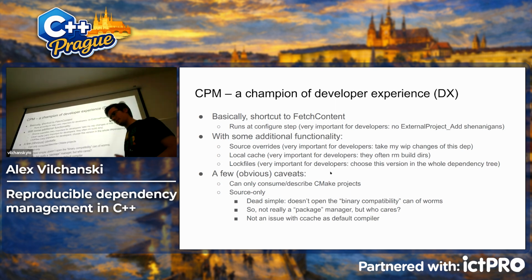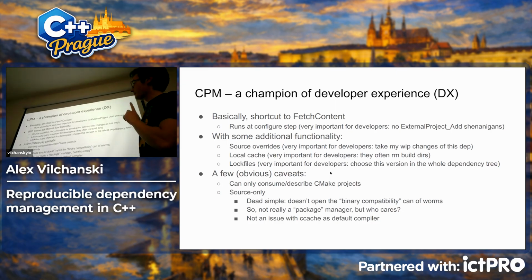For those who are unaware, CPM is basically CMake package manager. You can find it on GitHub. If you just write CMake package manager, CPM, you will find it on GitHub, with some additional functionality over FetchContent.